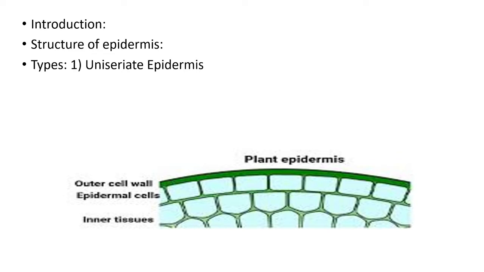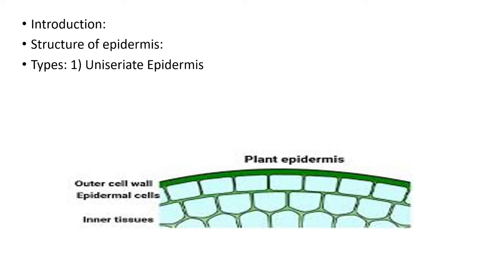The epidermis is the outermost layer in different plant organs like root, stem and leaves. The epidermis possesses different types of outgrowths, for example trichomes and hairs, glandular or non-glandular. It is mainly protective in function. They are single layered or multi-layered.